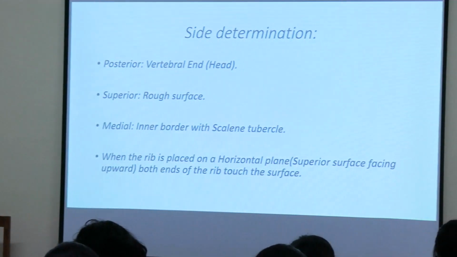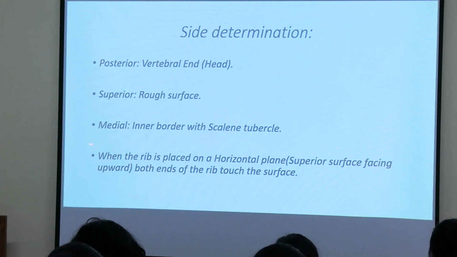What is in the medial border? In the inner border there is the scalene tubercle. The head portion is situated posteriorly. The superior surface is rough, the inferior surface is smooth. This is how you hold it. Left sided, so you will hold it with the left hand. See, posterior end, vertebral end, superior surface rough, inner border has the scalene tubercle.